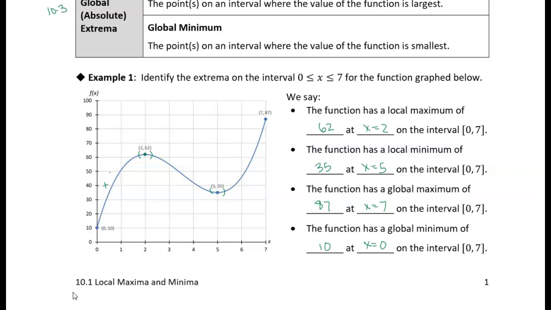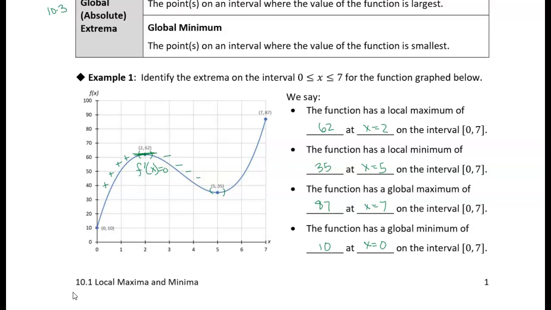You can see this function is increasing, increasing, increasing, so the slope is positive until you get to this point right here at this local maximum, where it changes direction and becomes a decreasing function. So at this point where the local maximum occurs, the derivative is 0. So f prime of x equals 0 at that point.